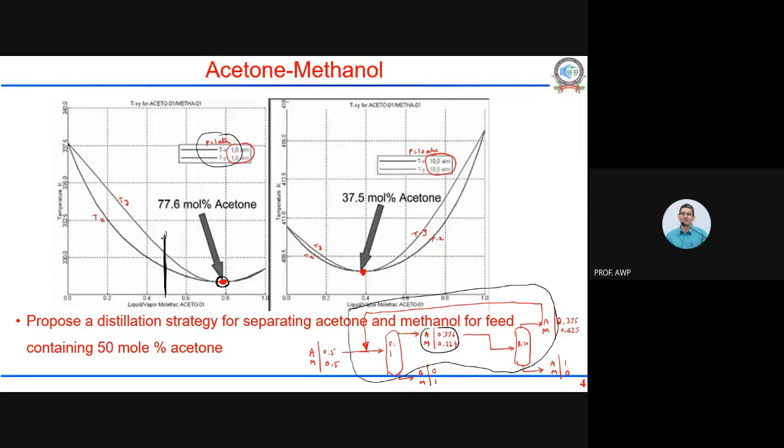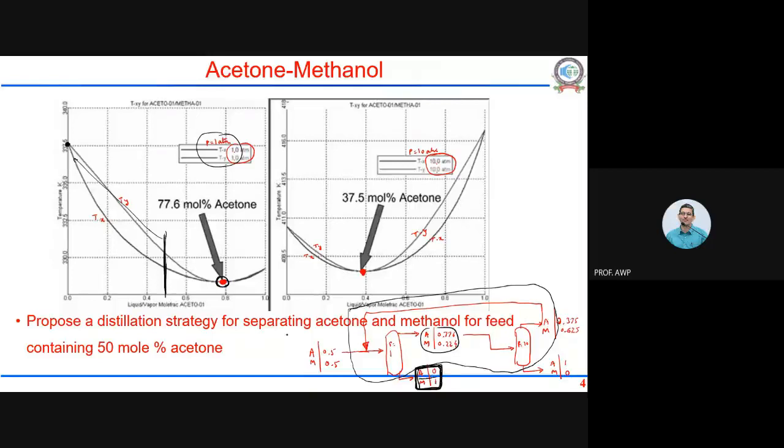At the bottom of the column, if I have enough stages and enough reflux, I'm going to get X equal to 0, meaning acetone mole fraction is going to be 0. I will have almost pure methanol. Almost pure, otherwise some people will shout 0.99999999999 methanol, almost pure methanol.